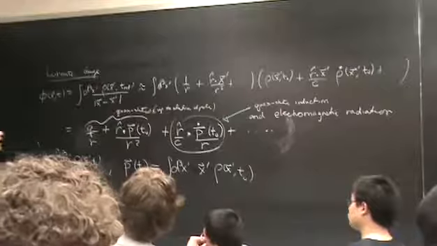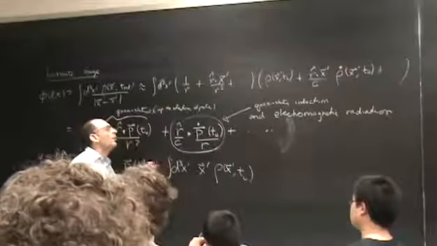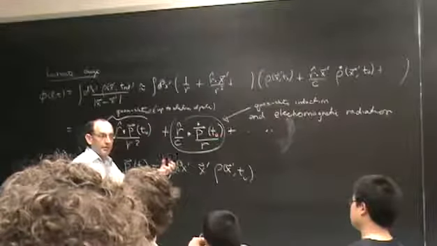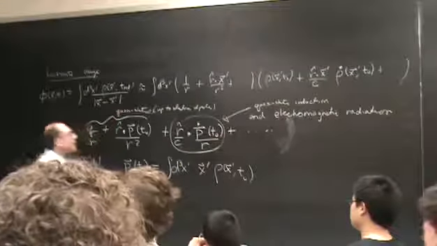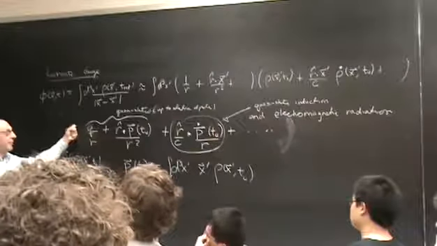Now, I only kept this first order term because I'm keeping terms to the same order in our small parameters. So this is of 0th order in the small parameter.